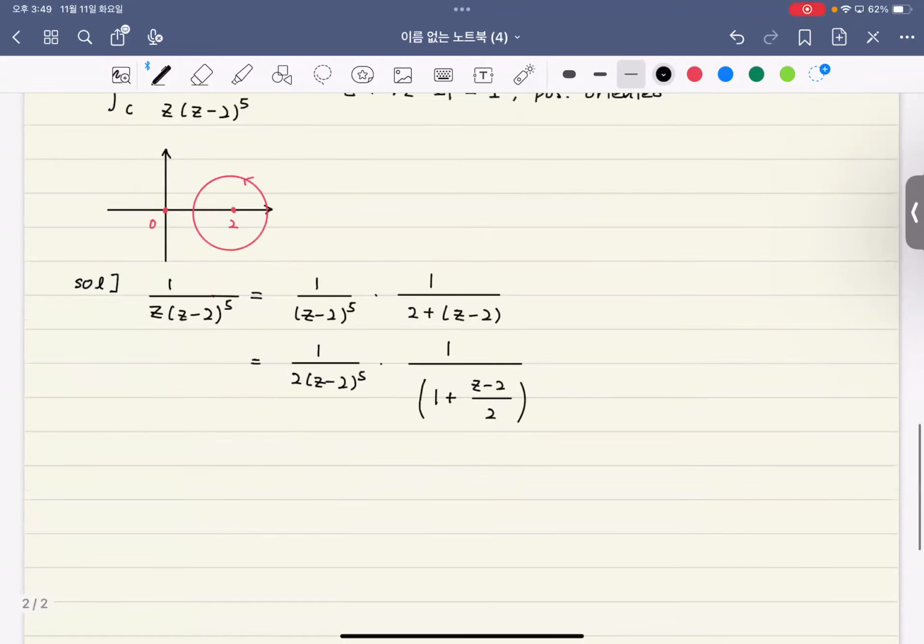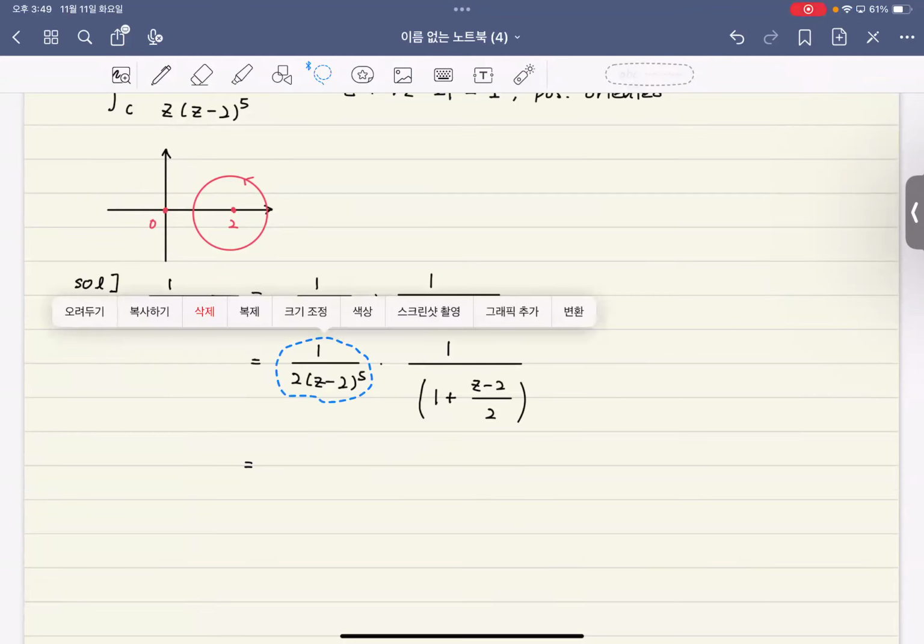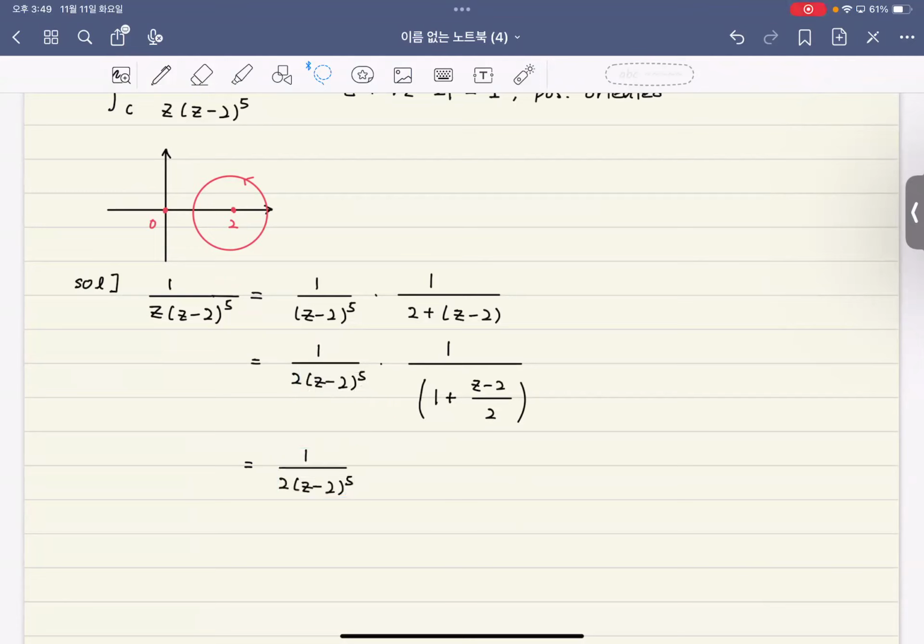Now I can use the geometric series. So this carries over, and the second factor is the sum from n equals 0 to infinity.